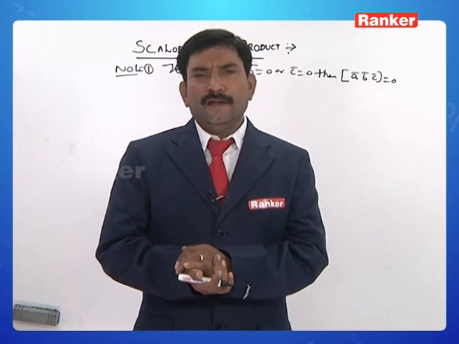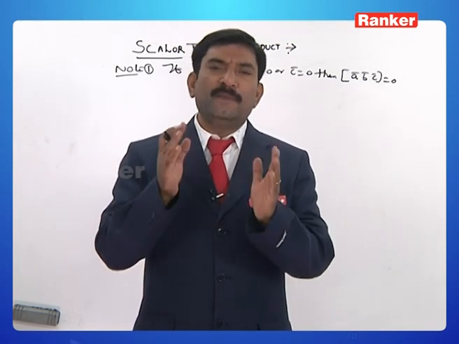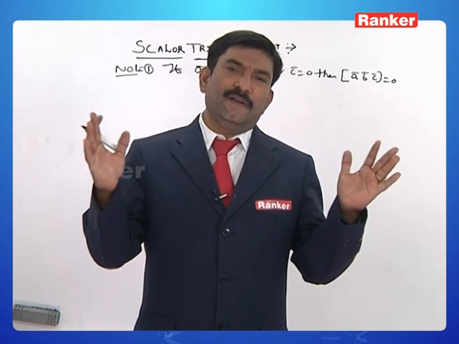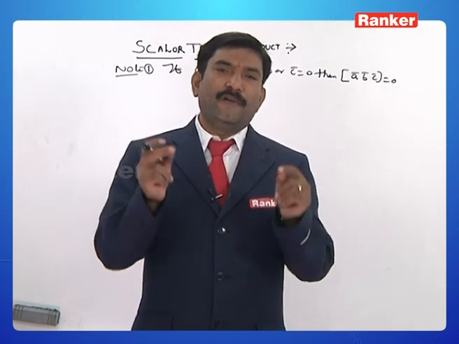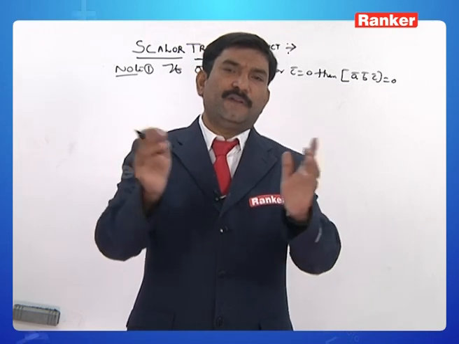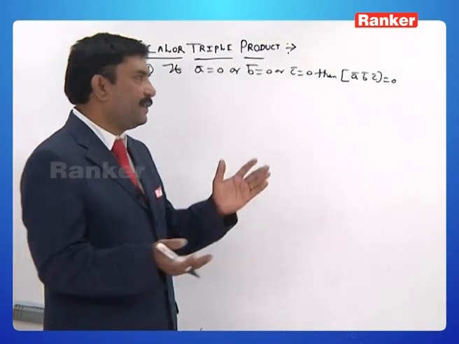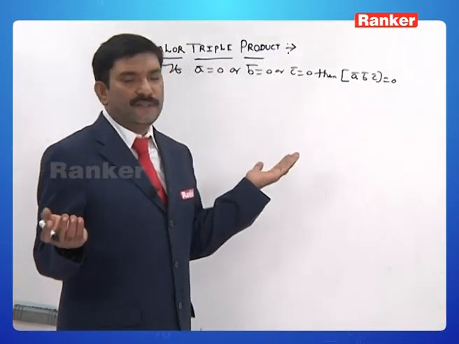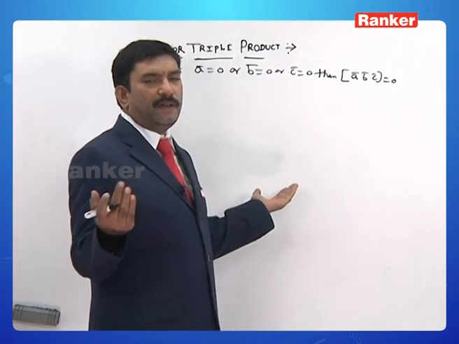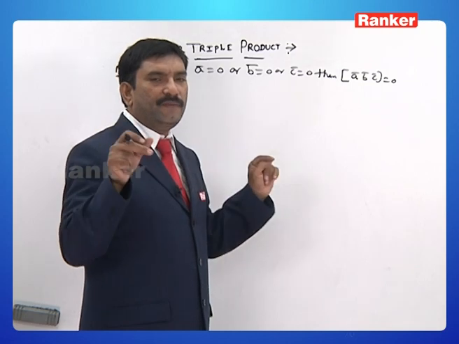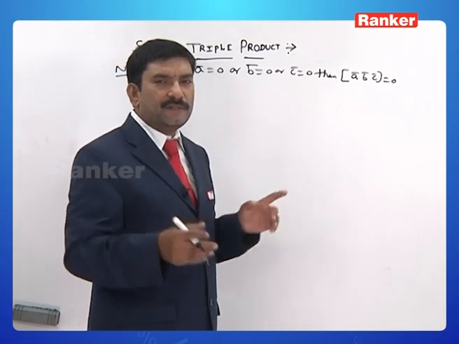Why? In a determinant, if the elements of any row or a column all are equal to 0, then the value of the determinant is equal to 0. In the same fashion, scalar triple product is nothing but a determinant. So therefore, in a box product or a scalar triple product, if any one vector is a null vector, the value of the box is equal to 0.